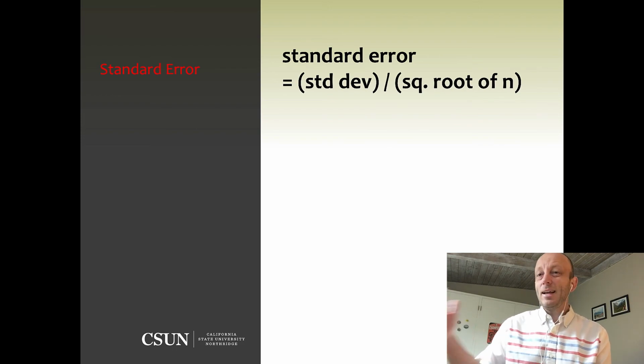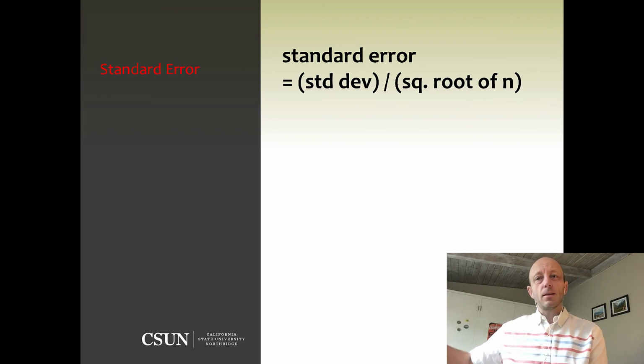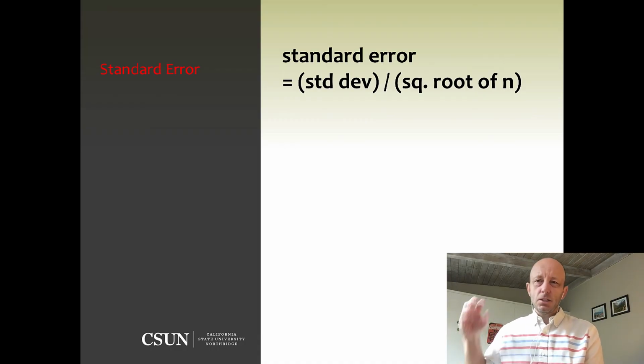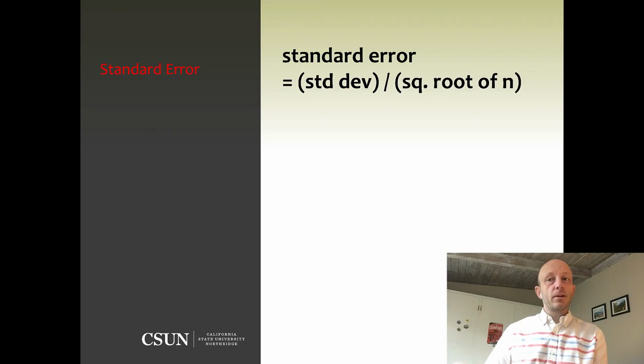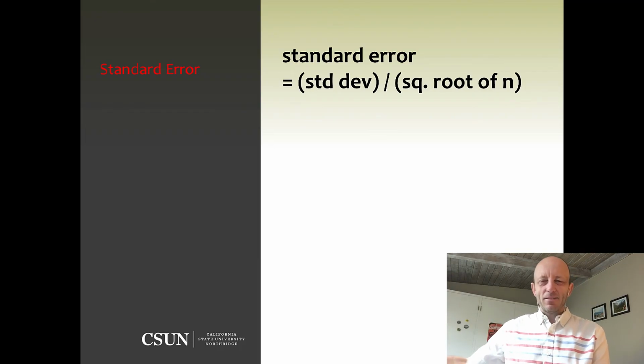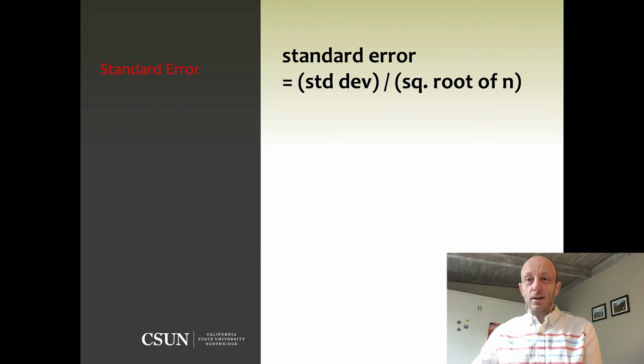Suppose you got a bunch of classes and you're trying to compare the classes to each other. You would get the mean of class 1, mean of class 2, mean of class 3. That would be your new distribution, a collection of sample means. And then you would try to decide, okay, is our class better, smarter, whatever, than the average class? You would compare classes to each other. And for that, you would need the standard error.